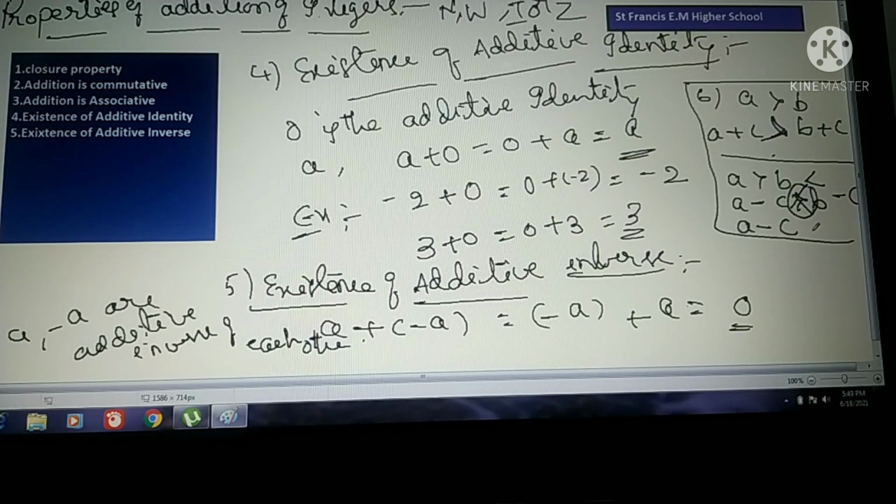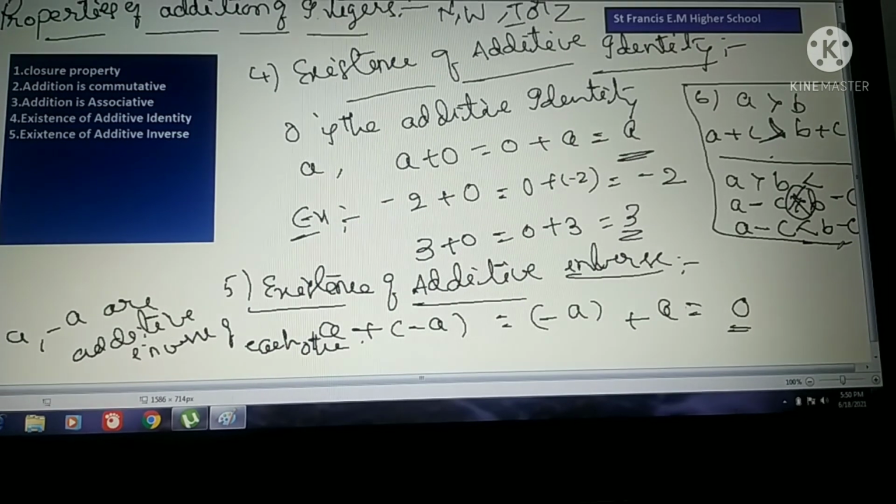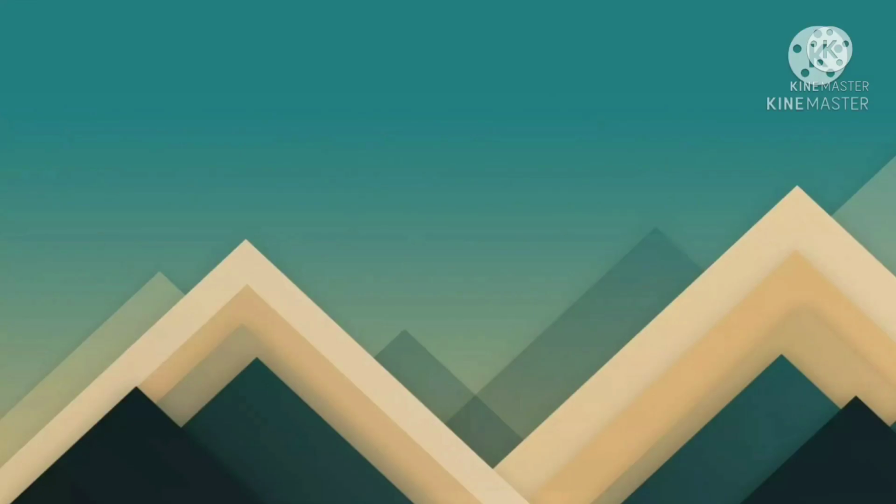If you subtract any number on both sides, greater than will become less than. Understood? It will be applicable for all integers a, b, c. Any integer you can take. So in place of a, b, c, if you take any three integers, these two rules are applicable for all integers. Understood? Okay.